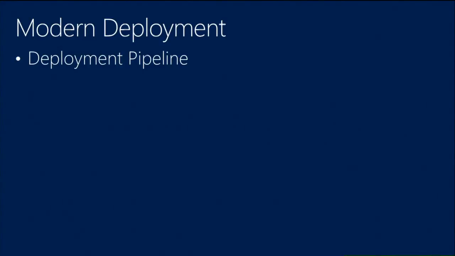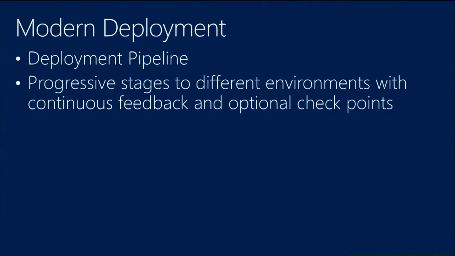Modern deployments mean you have a deployment pipeline, not these staged sections where we drop things over a wall, and once it's in that other environment, that other world, we forget about it. In fact, when we start thinking about modern deployment, we start thinking that, as we move on to ultimately production, the stages in between are just different levels of the same thing, so that we can get continuous feedback. And if possible, we want it to be automated.